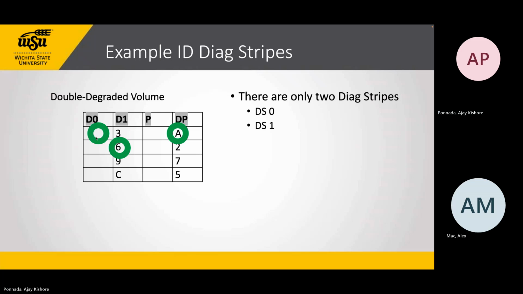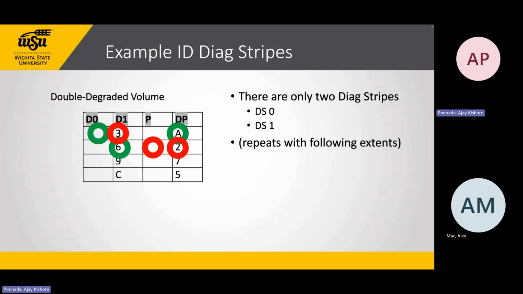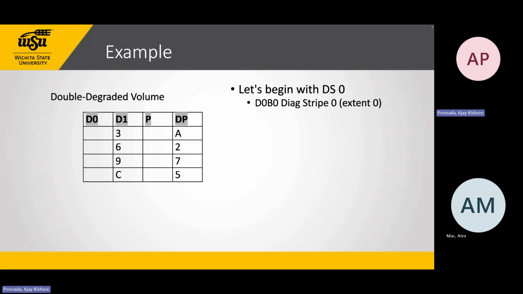Okay. Again, you know how to do XOR, right? So it's easy. Again, we have discussed these two contribute. So let's begin with DS0. Diagonal 0, B0, D0, stripe 0, extent 0. So again, these two contribute to this one and these two to here, right?